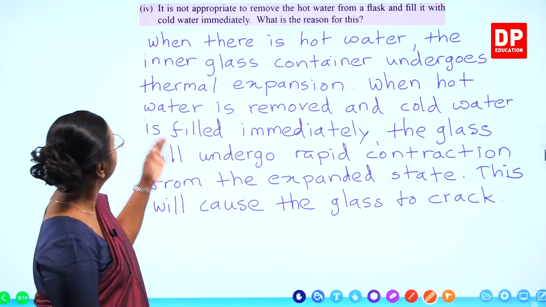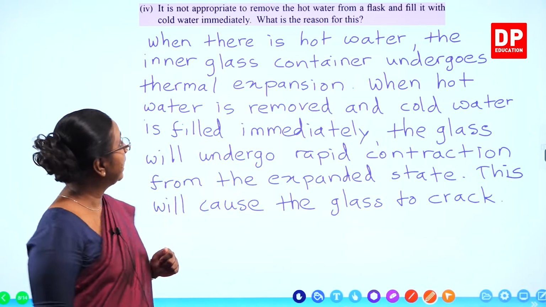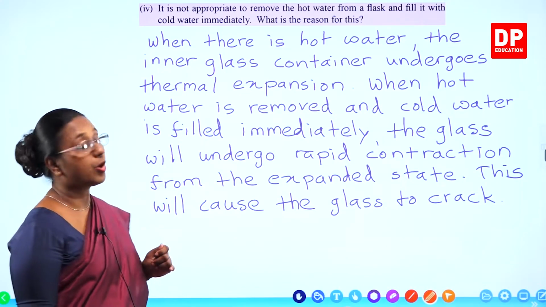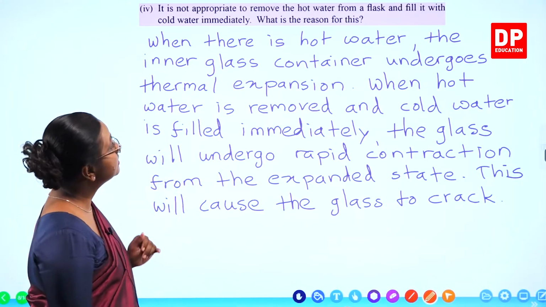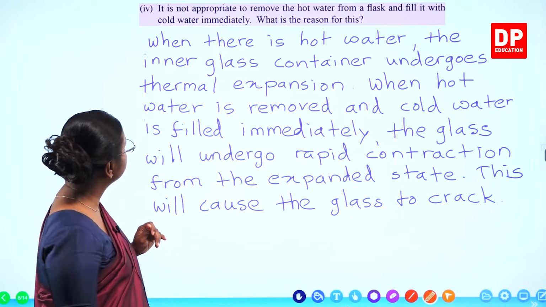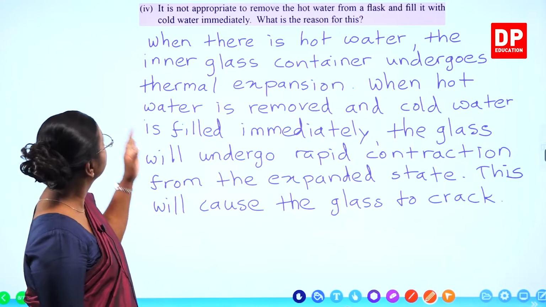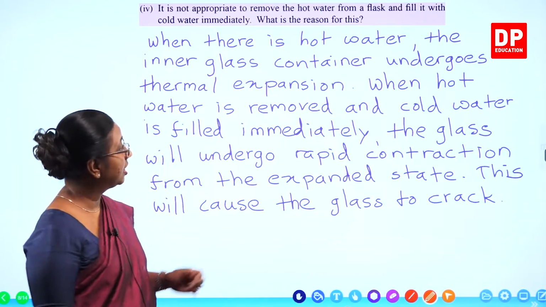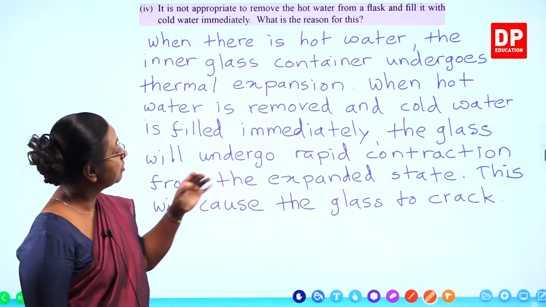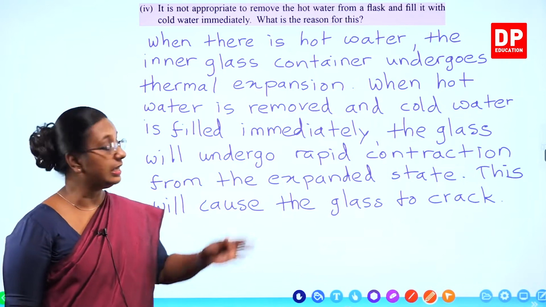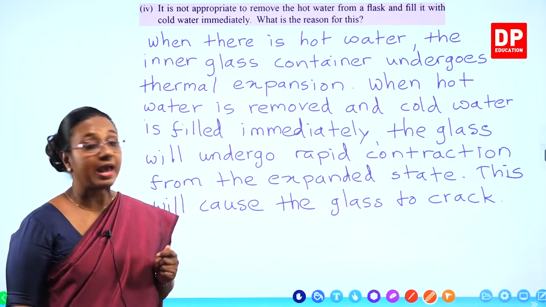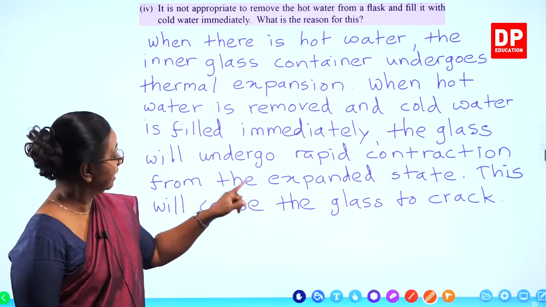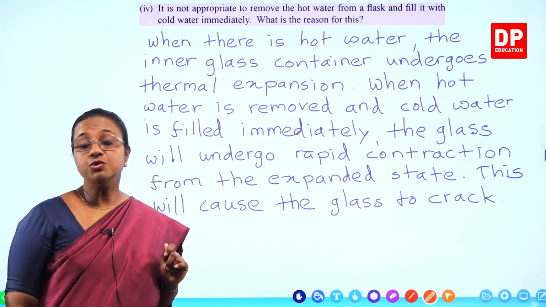So therefore, it is not appropriate to remove the hot water from a flask and fill it with cold water immediately. What is the reason for this? So this is the reason: when there is hot water, the inner glass container undergoes thermal expansion. When hot water is removed and cold water is filled immediately, the glass will undergo rapid contraction. So from the expanded state, and this will cause the glass to crack.